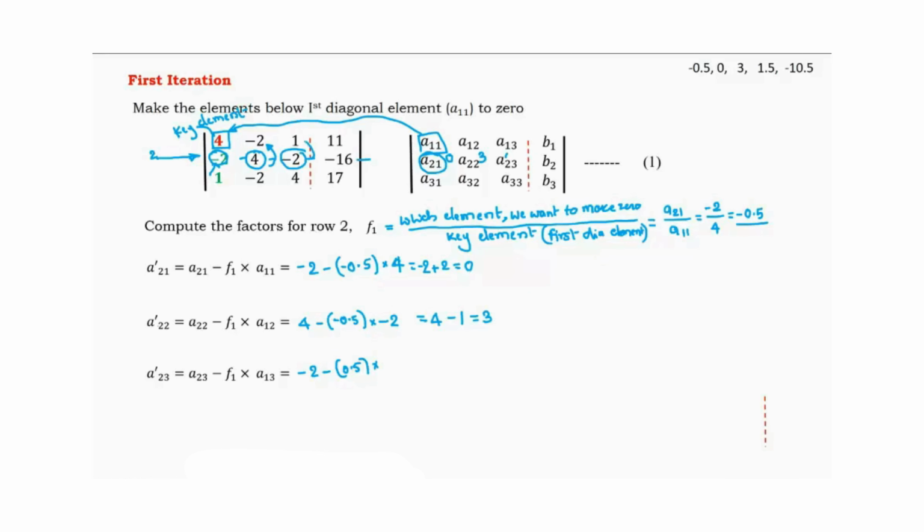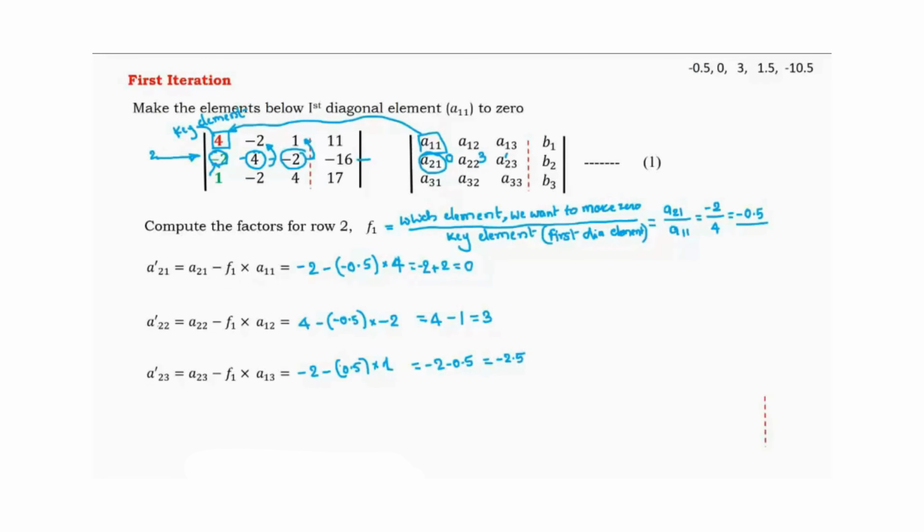Here you remember, the corresponding element A13 is 1, sorry, it is not minus 1. So this is 1: minus 2 minus 0.5 into 1.